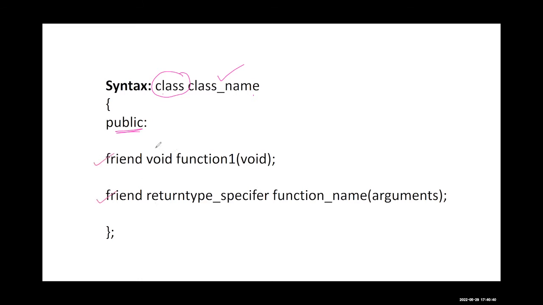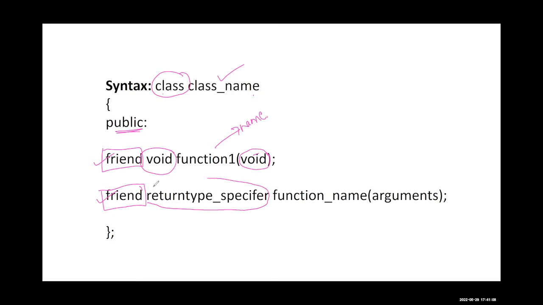One is friend, void is the return type of this function, and the parameter is also void, and this is the name of my friend function. Similarly here I have my friend keyword, in both places. This lets us know that these two are not member functions, they are non-member functions, but they are friends. And here I have my return type specifier.